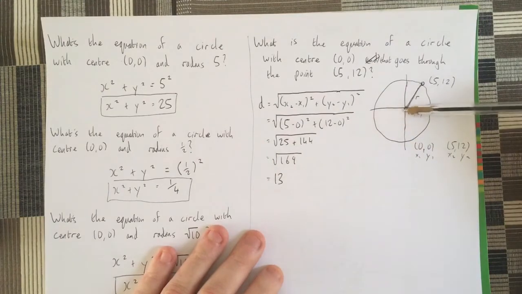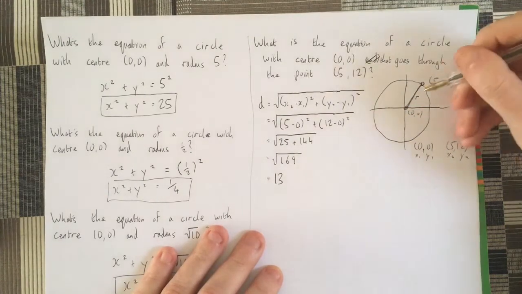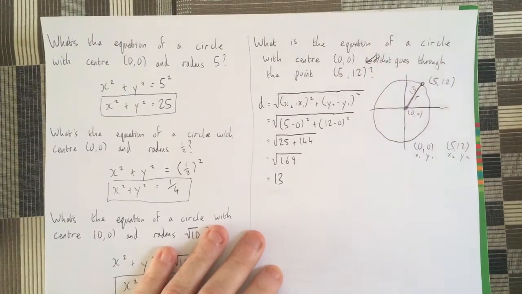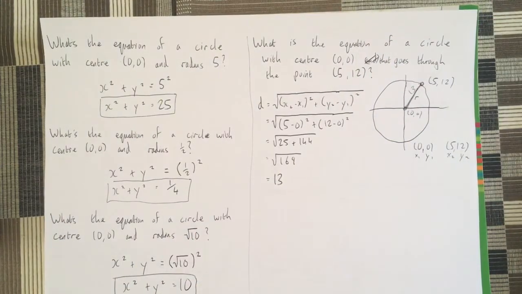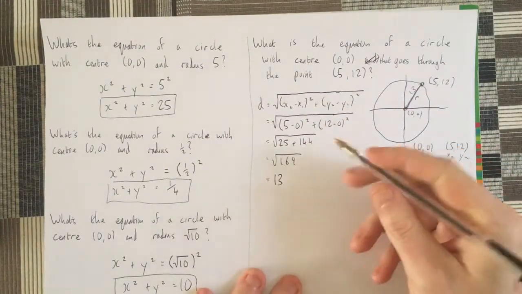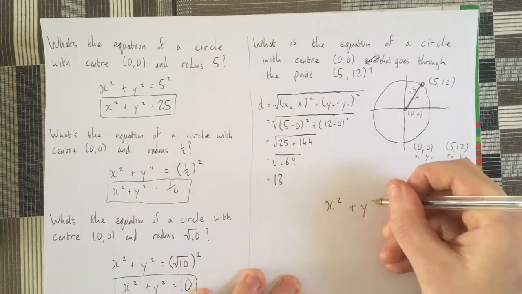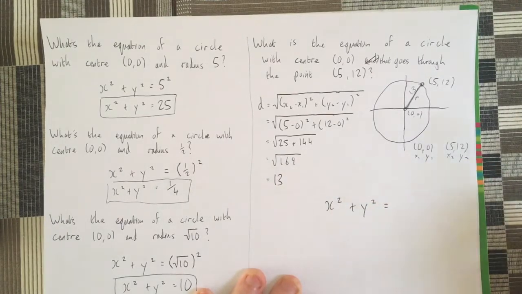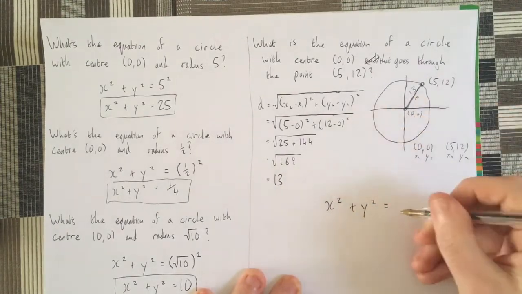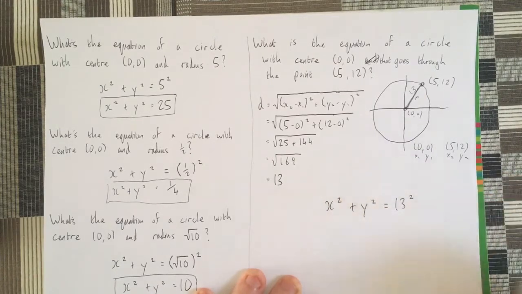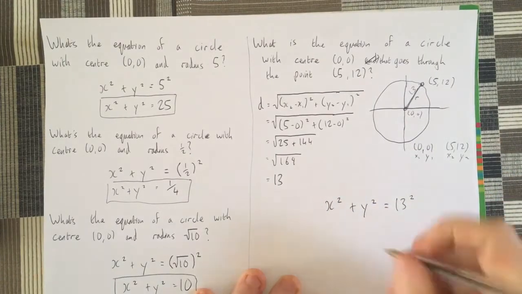So from 0, 0, the center of the circle, to a point on the circle is 13. So that's your radius. All right, so the equation of this circle, just returning to my actual question, x squared plus y squared equals my radius squared. So that will be 13 squared for this question.